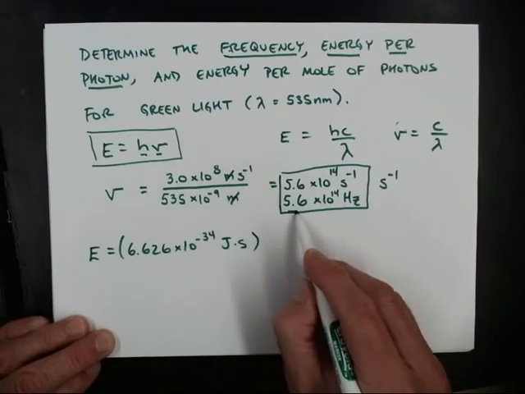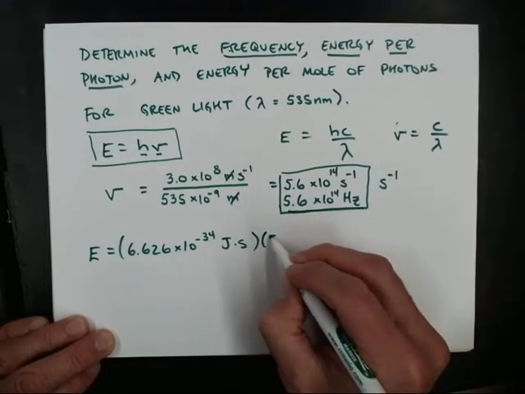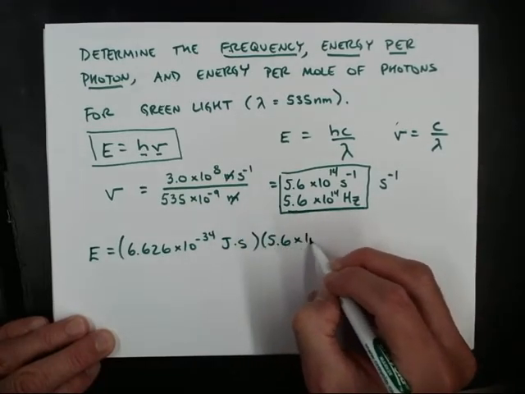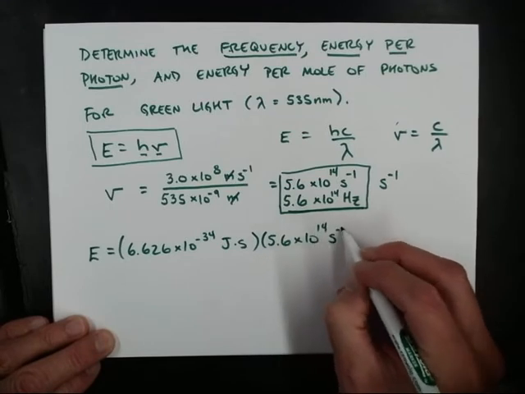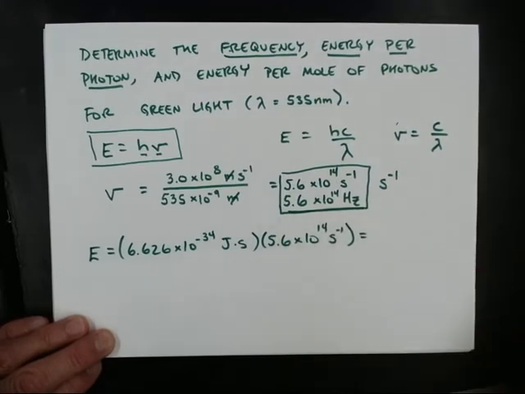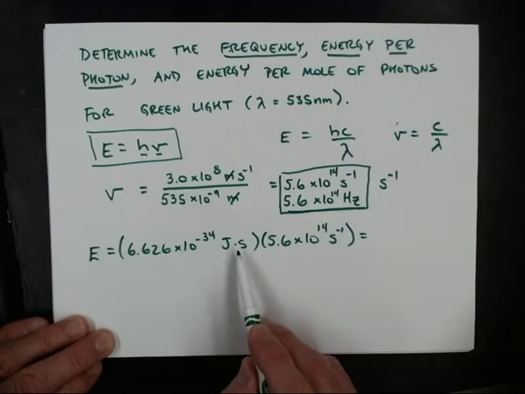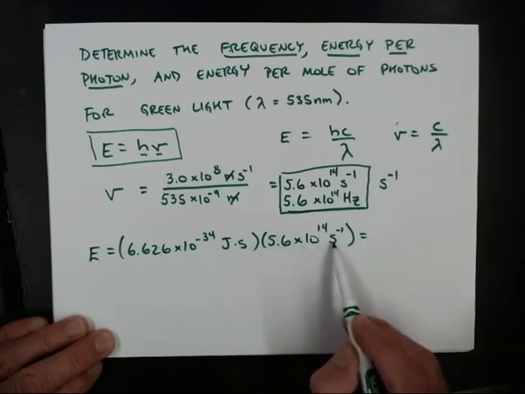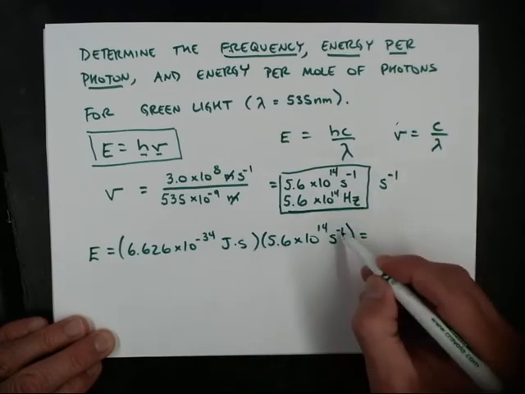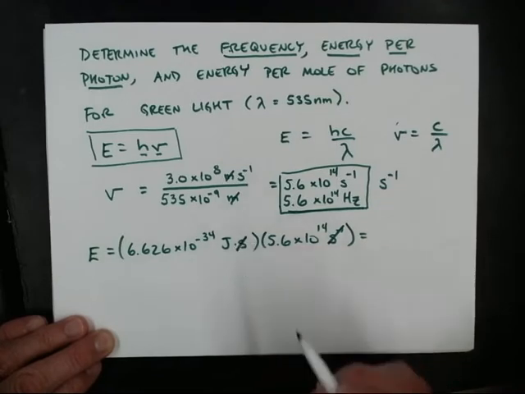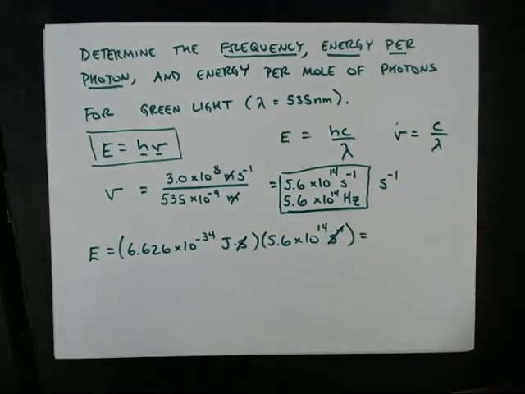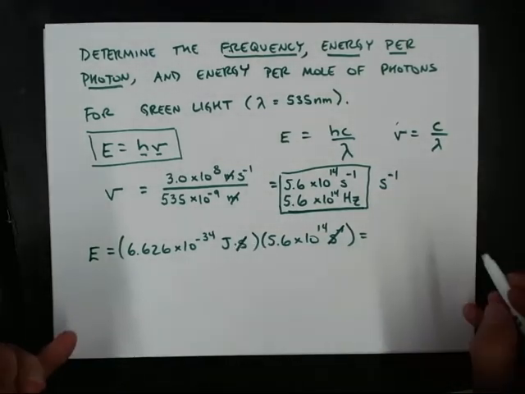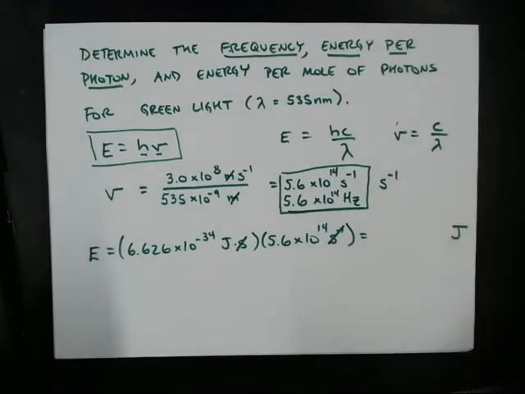We're going to multiply this by the frequency that we just found, which is 5.6 times 10 to the 14 inverse seconds. If I take these units here, joules times a second, and multiply that by an inverse second, the inverse second cancels this second unit. And that means my energy unit that I'm going to be left with is the joule.